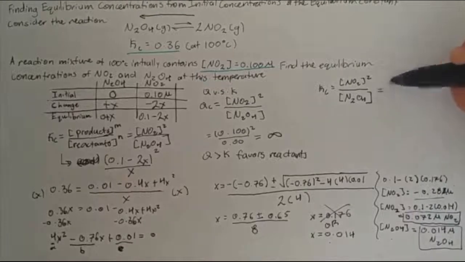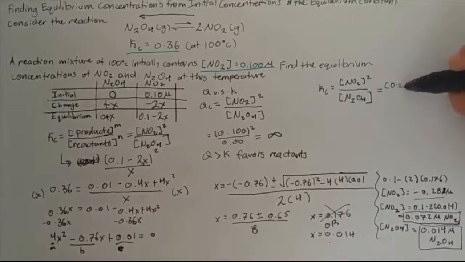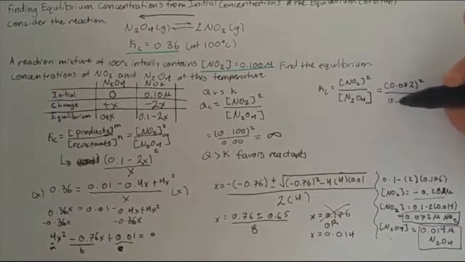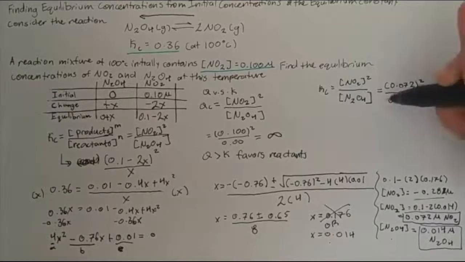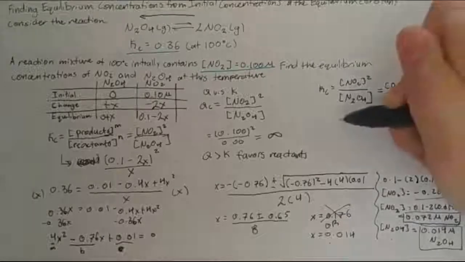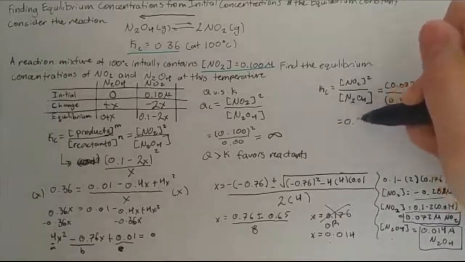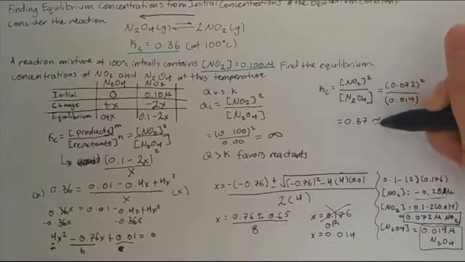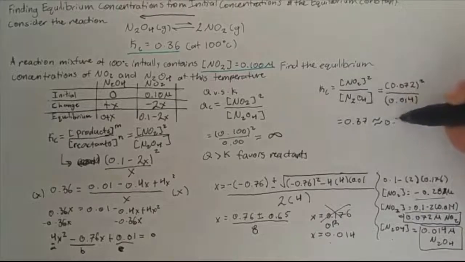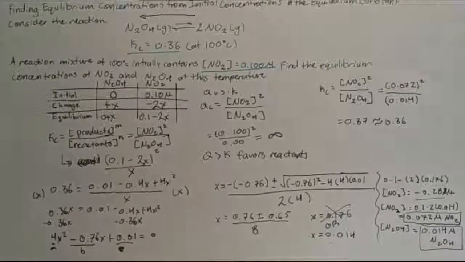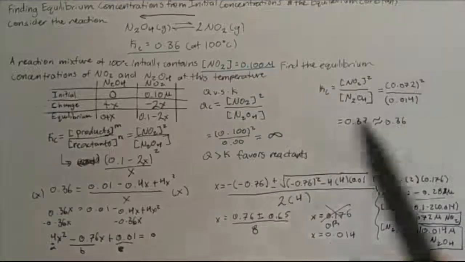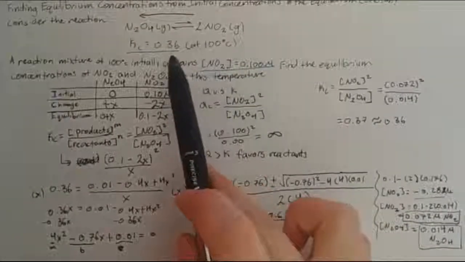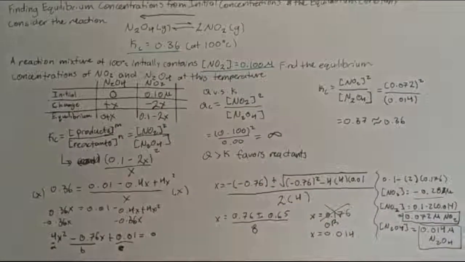And we get 0.072 squared over 0.014. Then once you calculate that, we come out to 0.37, which is really, really close to 0.36. Therefore, our calculated value of Kc matches the given value of Kc, so our answer is valid.